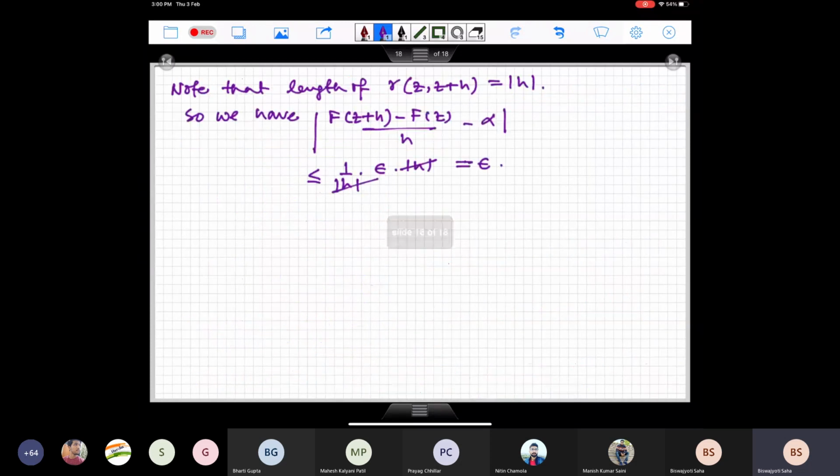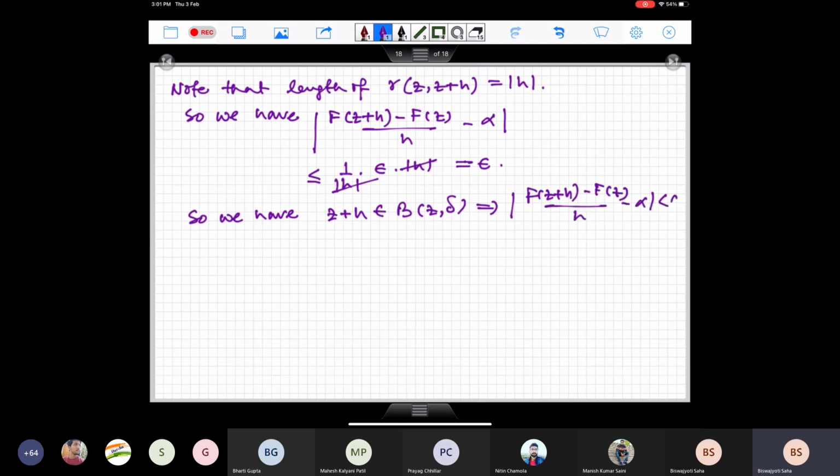So we have z+h belonging to B(z, δ) implying |(F(z+h) − F(z))/h − α| is less than epsilon.